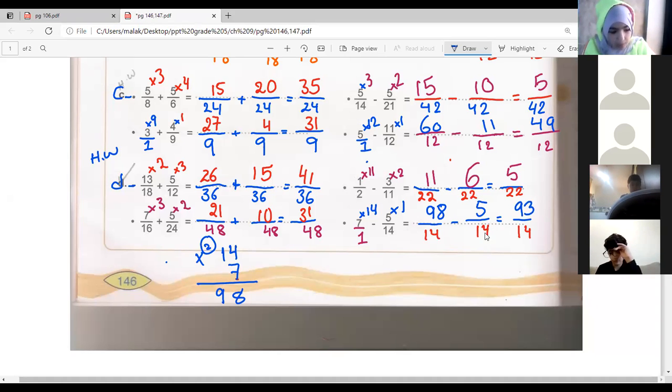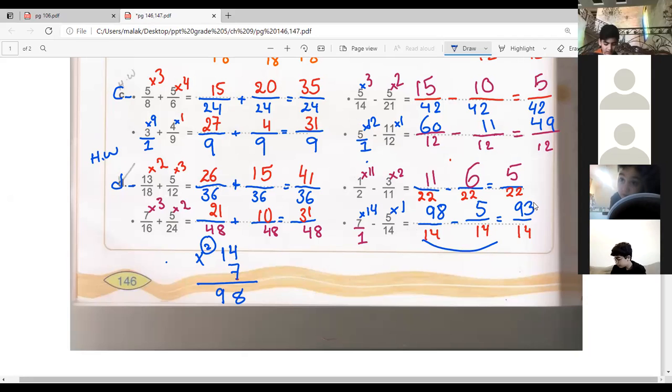Okay, thank you. So Haidar, first we find the multiples of 1 and 14, the common multiple 14, we count, we multiply the numerators. Now we can subtract them because both have the same denominator 14, so we subtract 98 minus 5, it's 93.